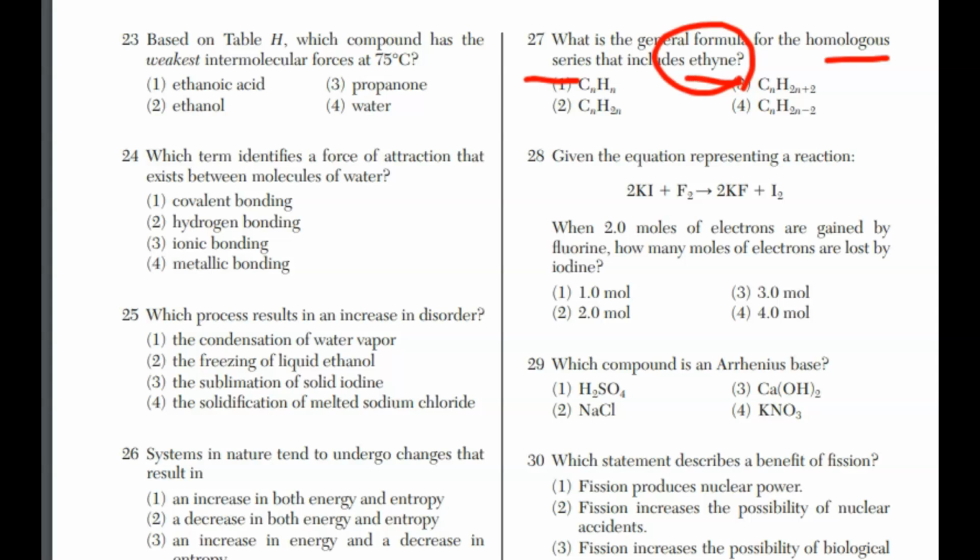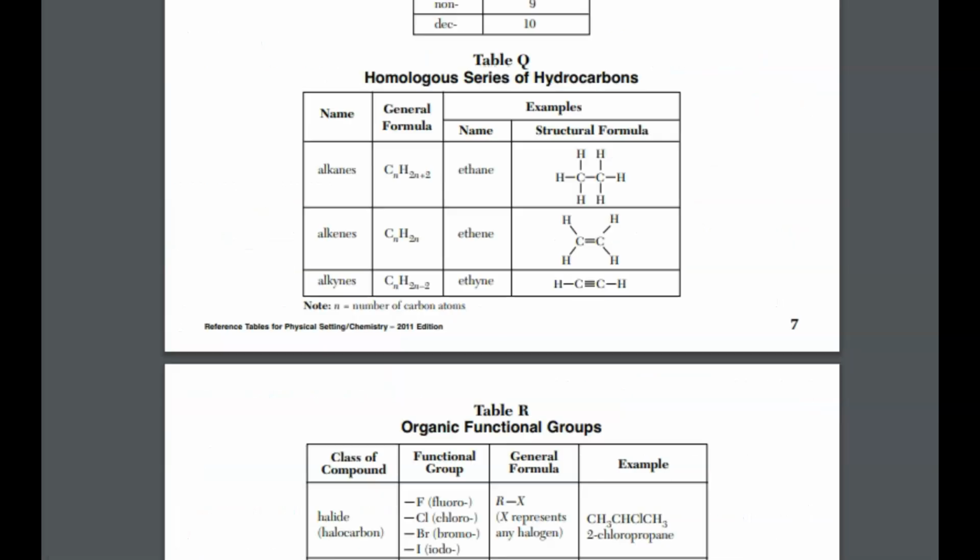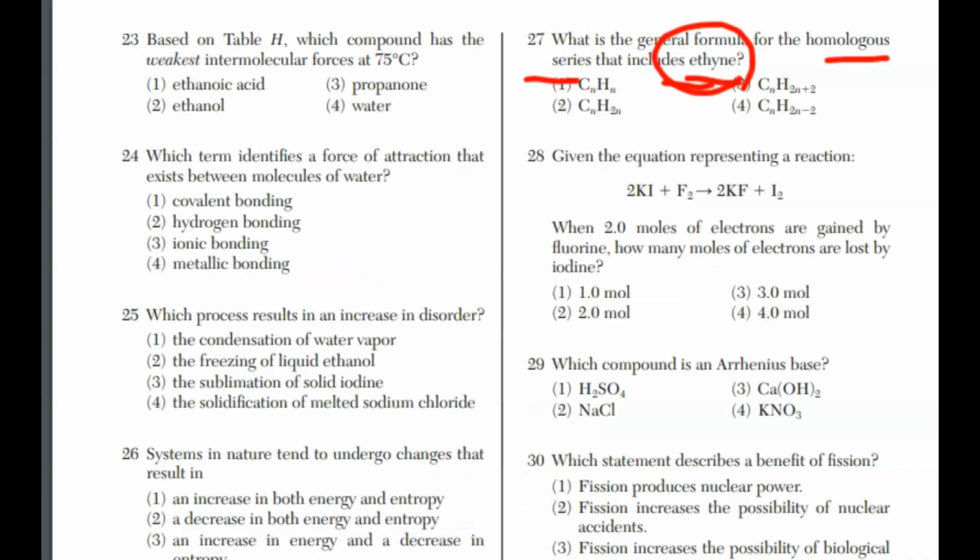Ethyne, Y-N-E rather, is a triple bond in the molecule, and for the general formula, all you need to do is go to the reference tables. We're talking ethyne, the Y-N-E ending, which here is that general formula, and you just play the matching game back to the question. And that is going to be choice 4.